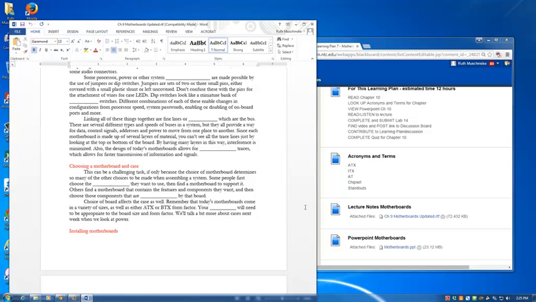Linking all of these things together are the fine lines or traces, which are the bus. There are several different types and speeds of buses in a system, but they all provide a way for data, control signals, addresses, and power to move from one place to another.